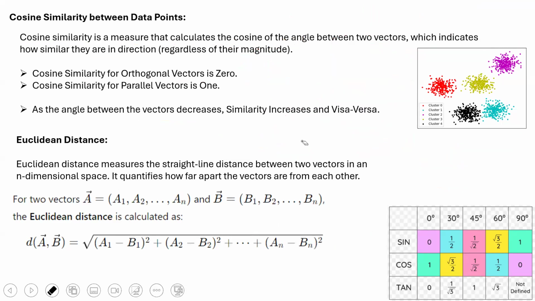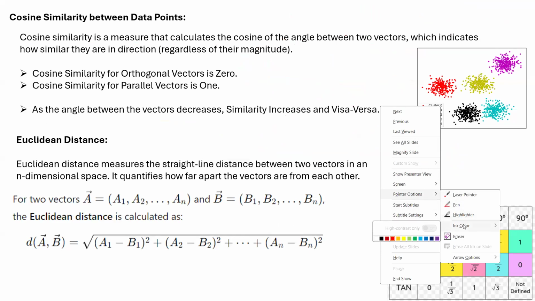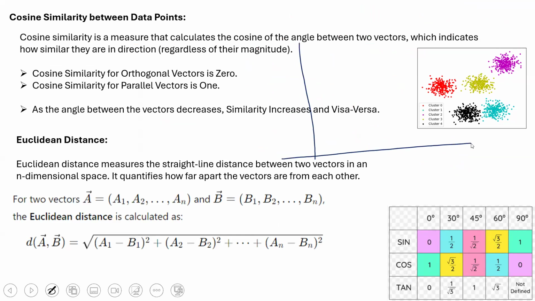Let me take 3 points now, and this is my origin. The x-axis is age: I have a person with 10 years of age, and I have 80 years of age. And the calcium levels in their body is what I'm trying to calculate.